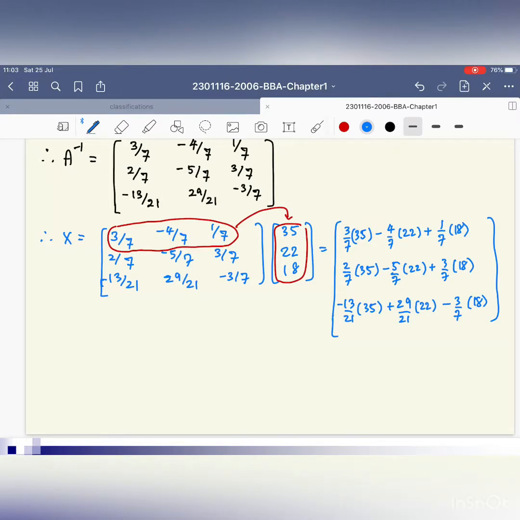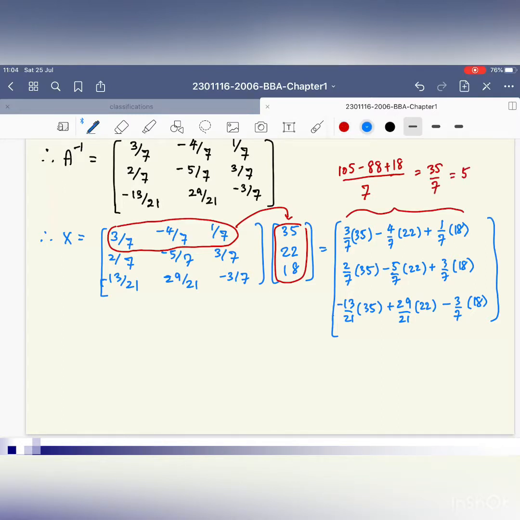So let us use a calculator. For the first one, it is all over 7. Is that right? So it is 3 and 35, which is 105, minus 4 and 22, so it is 88, and it is 18, so it is what? 105 minus 88 and 18, so you have 35 over 7, so it happened to be 5.